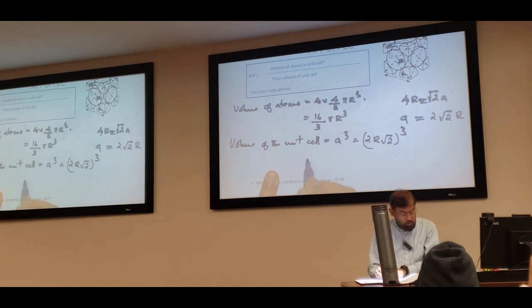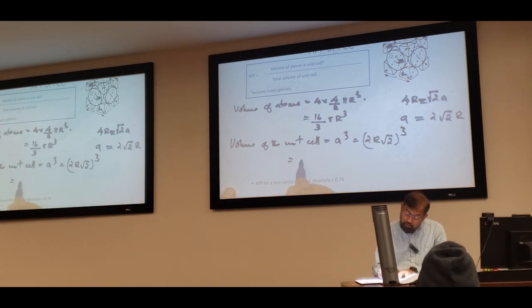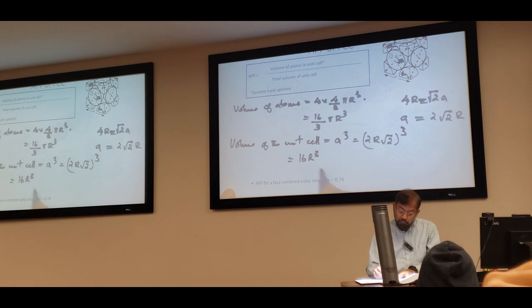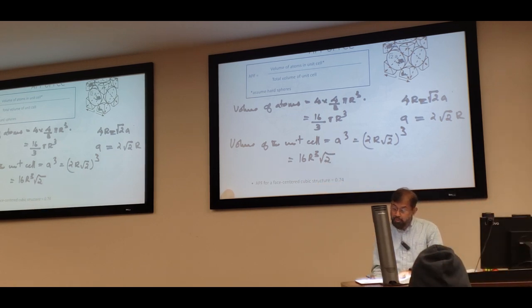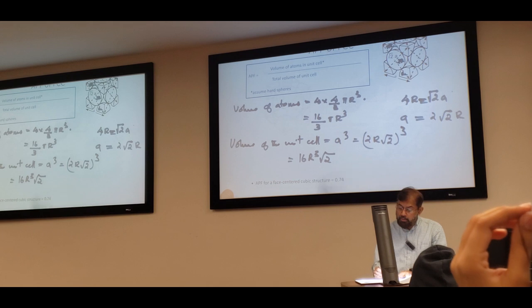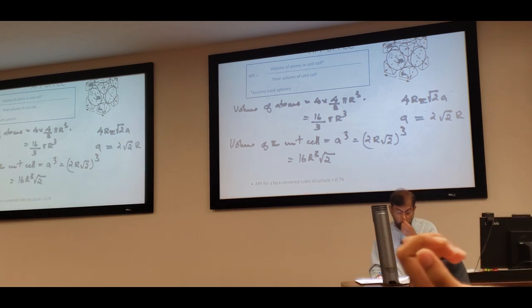So that is equal to 8 into 2 into square root of 2, that is 16 r cube into square root of 2.